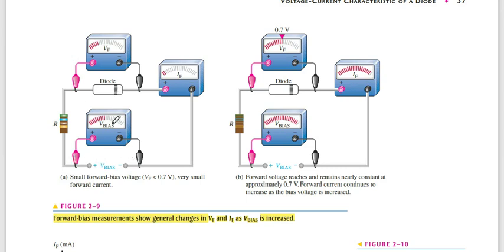So when we increase the voltage of V base, only a very small amount of current can pass through the circuit. When we increase the V base and Vf reaches 0.7 or more, a current flows very fast through the circuit. You can see it.